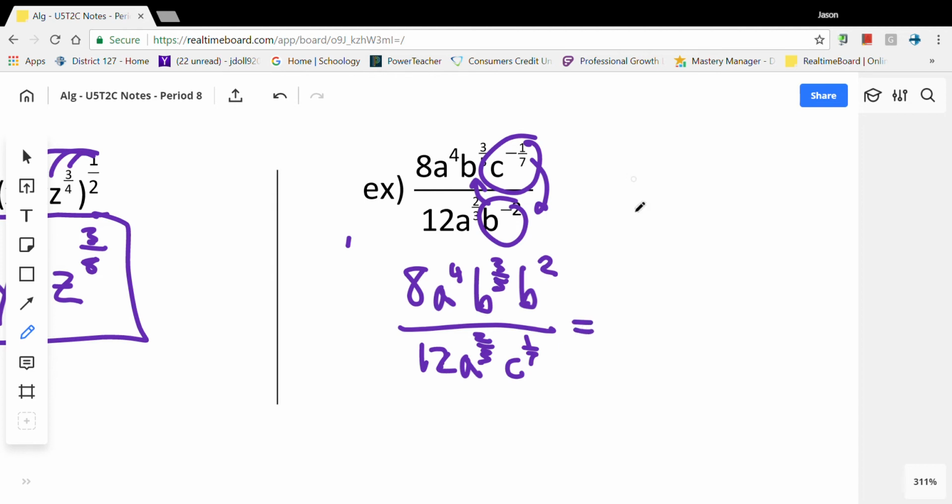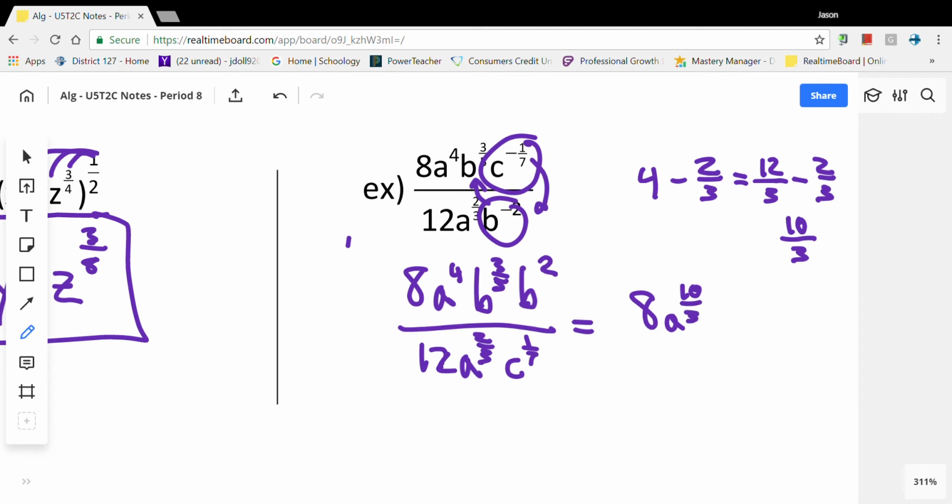When I subtract, I'll just do the math over here, 4 minus 2/3, right? We have to find our common denominator, which will be 3. So that is 12 over 3 minus 2 over 3, which simplifies to 10/3. So I'm going to have a to the 10/3, and since 4 is bigger, that a to the 10/3 is going to go in the numerator.